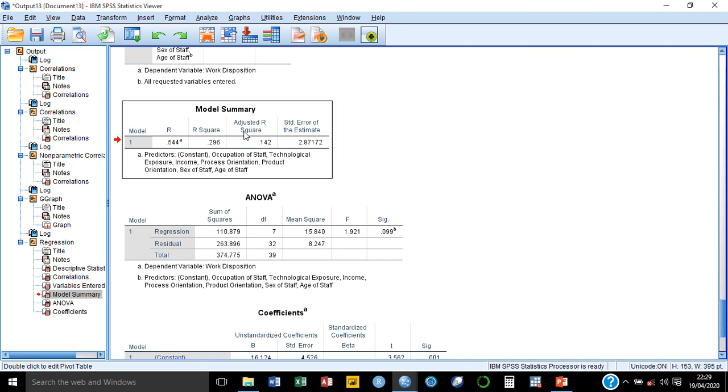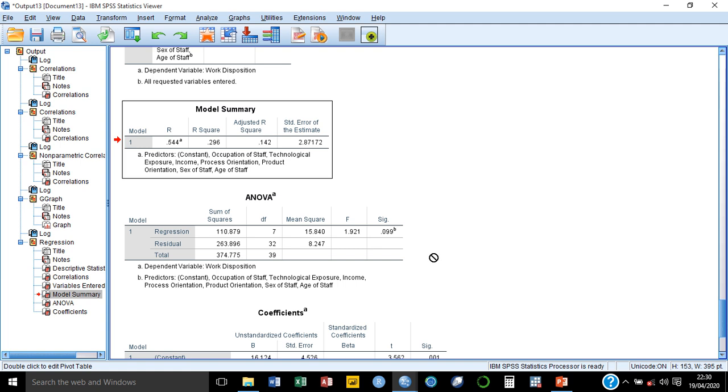For multiple regression, when we have more than one independent variable, we interpret the adjusted R square. And by that, we mean that all those independent variables, like we had up to seven of them or so, are responsible for 14.2% change of variableness of the dependent variable.